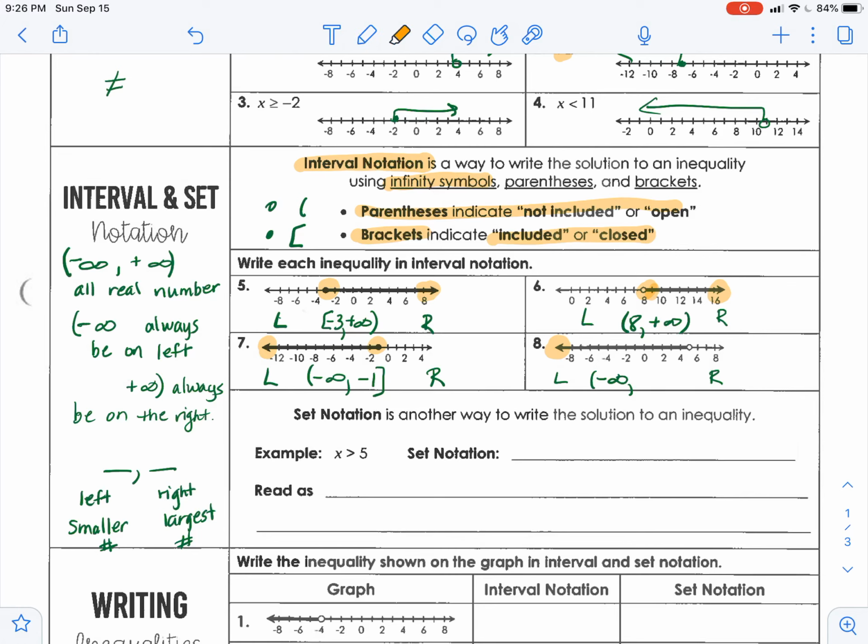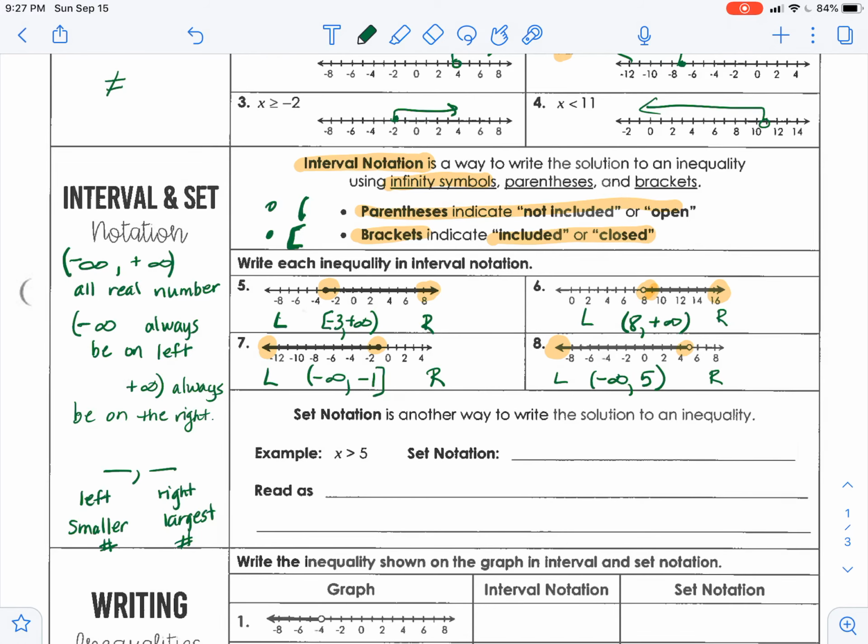And on the right, I see an open circle at 5. So 5 and parenthesis. The way I think of it, guys, is to me, this is a parenthesis. It's kind of not as harsh, maybe. This to me is kind of harsh. It's closed, where this is kind of like open arms. That's just me.